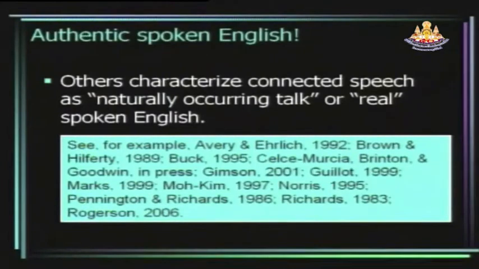So some possible conclusions from the research. Kess 1985 says connected speech and reduced forms are neither informal nor due to the rate of speech. In other words, it's formal speech as well as informal speech. It happens in slow as well as fast speech.